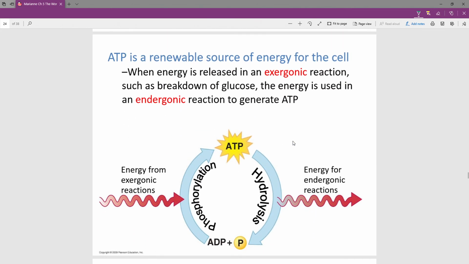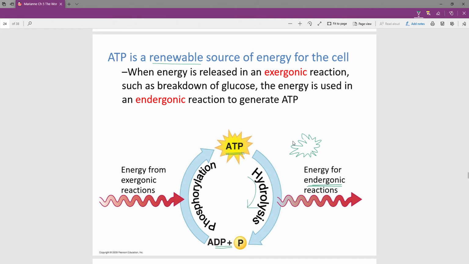Going back to that idea that there's only 50 grams of ATP in your body, it does have to be renewable. And so how it gets renewed is that we just talked about how ATP becomes ADP and releases energy. Well, that energy is for driving endergonic reactions. We talked about how that process was hydrolysis.